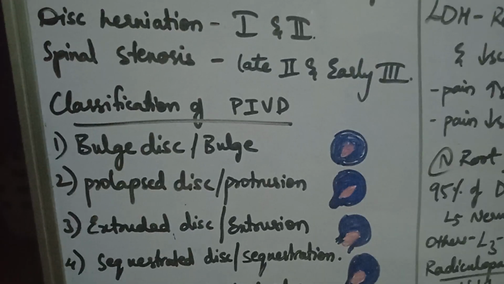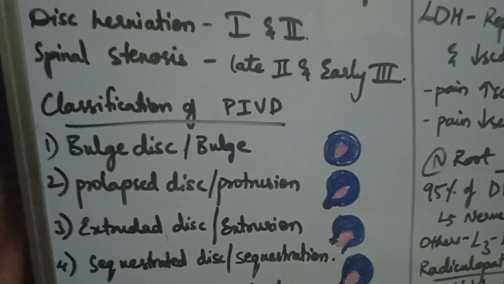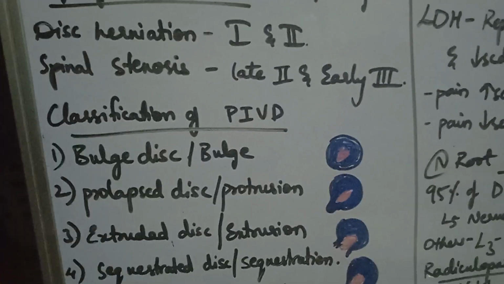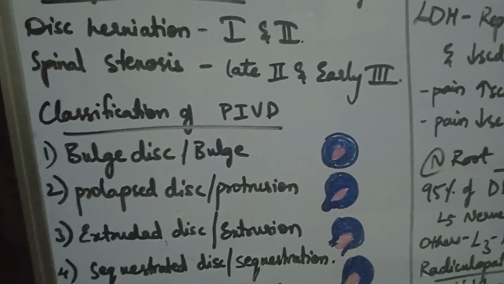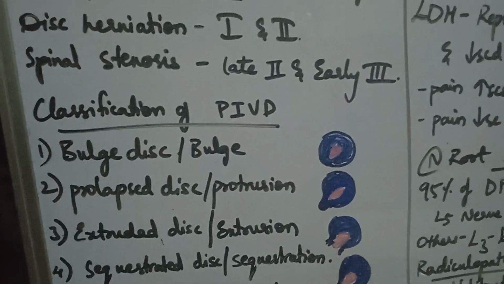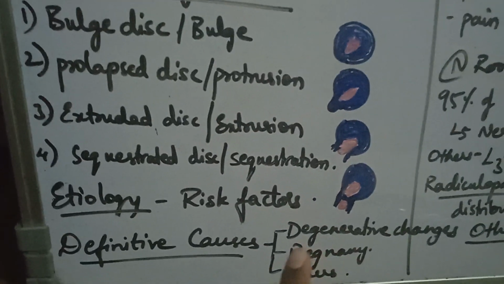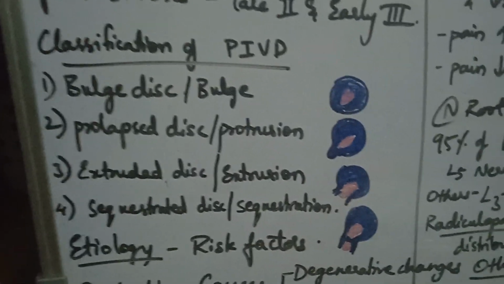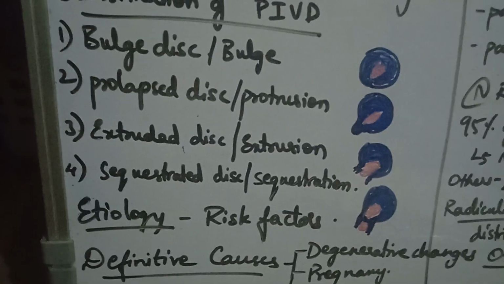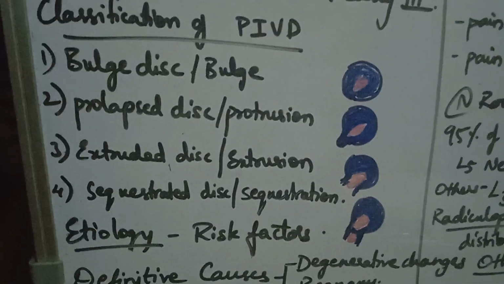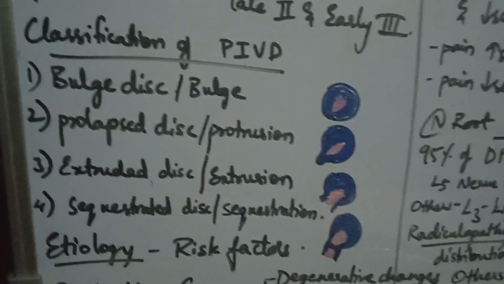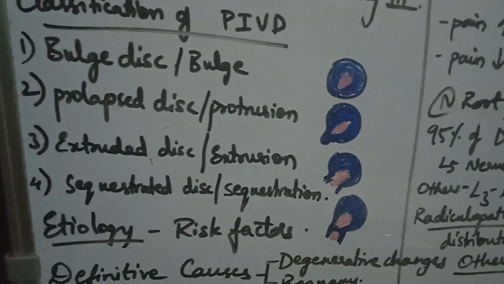So when there is a sudden trauma, or when you fall on the buttocks, and many more reasons, that results in the rupturing of the posterior fibers of the annulus. I have told you in the previous slide that the posterior fibers of the annulus are very weak, so that results in the degenerative changes.